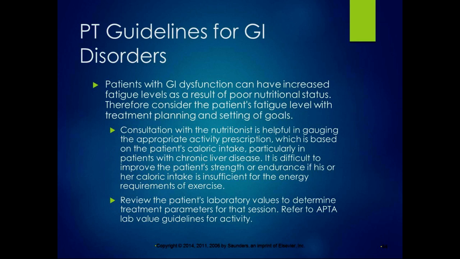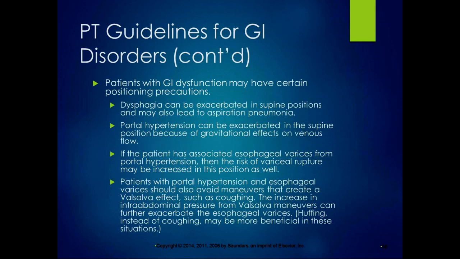Reviewing the patient's laboratory values, again, it's important for determining the treatment parameters. If they have different inflammatory, infective, or bleeding disorders in the digestive system, that might mean they have a low hematocrit and they're not going to have very much energy, so that's going to affect your PT treatment session.